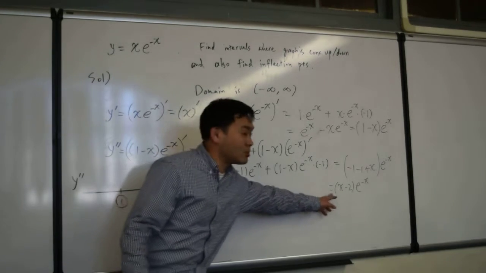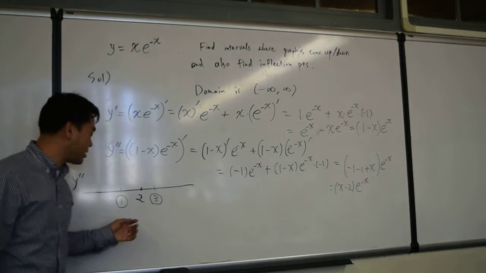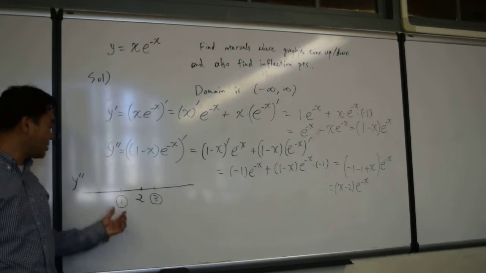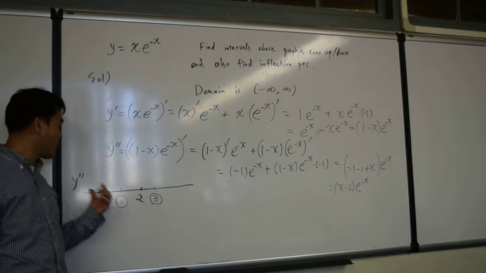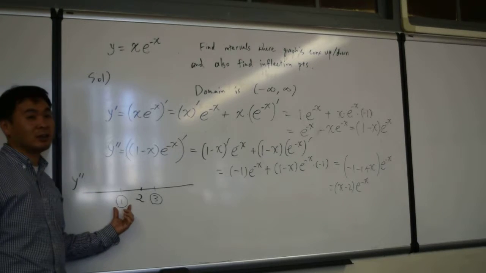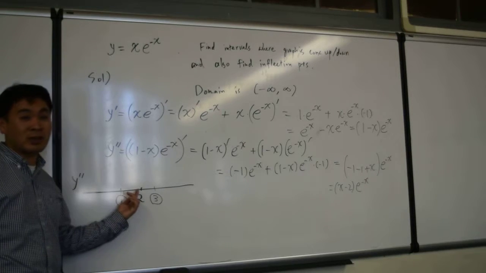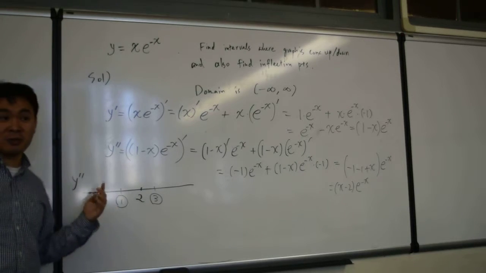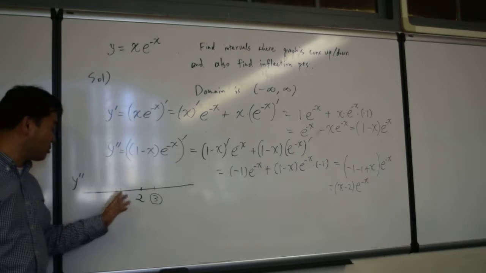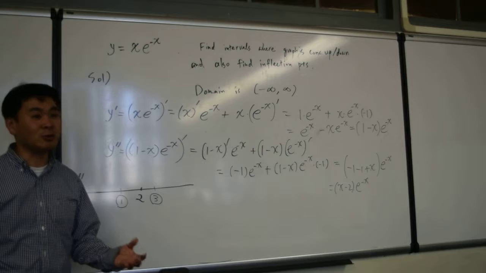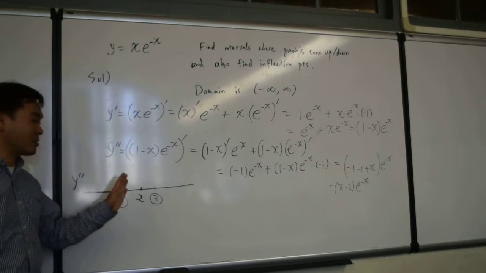Since this is continuous and defined everywhere, the only way that it can change its sign is when it's going through zero. So if I test the value of the y double prime at 1 and find that it's negative, then it has to be negative for the entire interval, because it's not allowed to change signs at all before you hit 2. So that's the idea. You use test points if you know that signs cannot change inside the interval.